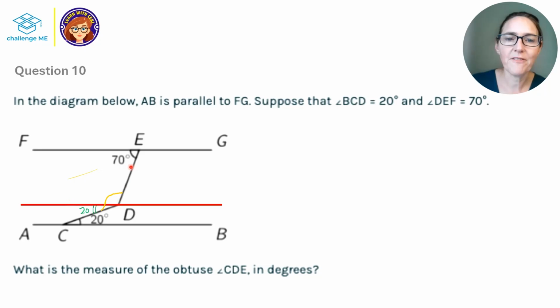So if this angle here is 70, then the portion below it is going to be 110 degrees. And so the obtuse angle CDE is 20 plus 110, which is 130 degrees. So with that extra red line, it made it quite quick to solve. So I hope that's useful for you in future.